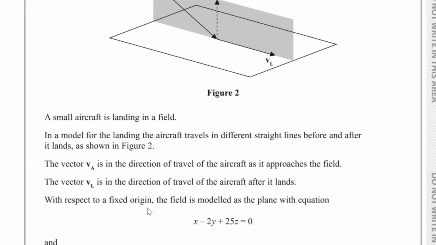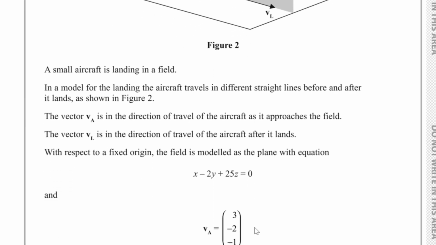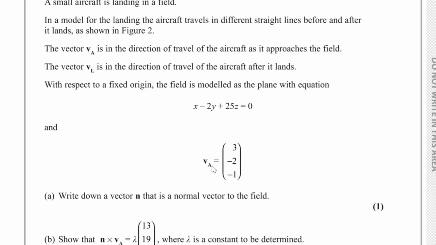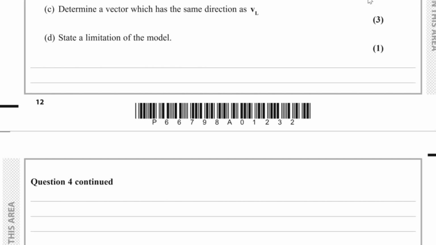With respect to a fixed origin, the field is modelled as the plane with equation x minus 2y plus 25z equals 0, and the vector VA is equal to (3, minus 2, minus 1). For part A, we have to write down a vector n that is a normal vector to the field.